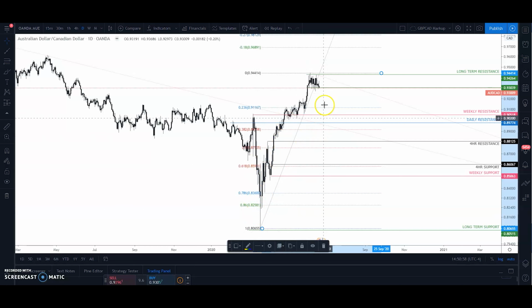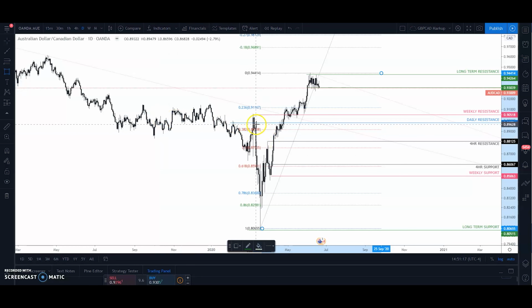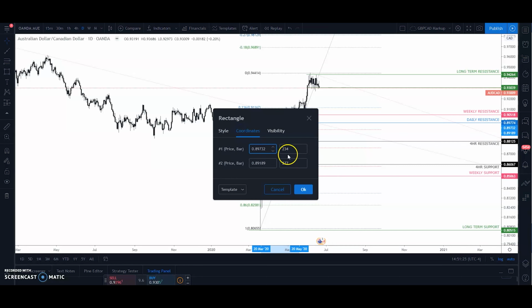This is a wave up. So I'm going to mark out my key levels that I'm really looking for, right here in red: 38.2, 50%, and 61.8. So I'm going to draw zones in those areas between the fib level and the area that I identified.